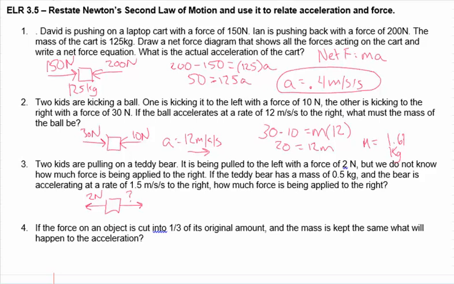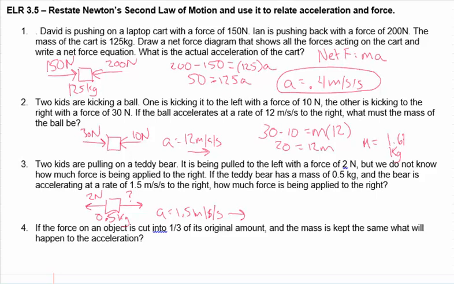The teddy bear has a mass of a half kilogram, so mass is 0.5 kilograms, and the bear is accelerating at a rate of 1.5 meters per second per second to the right. So automatically I know that the force on the right is going to be bigger because it's accelerating that way. How much force is that? That's what we're solving for.